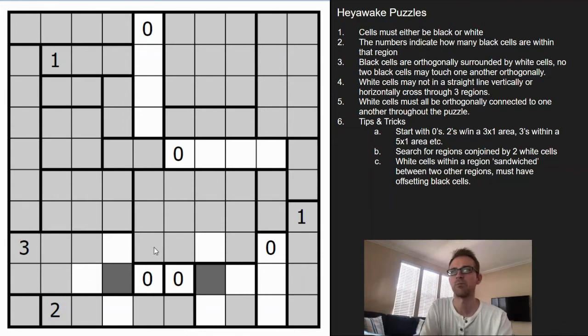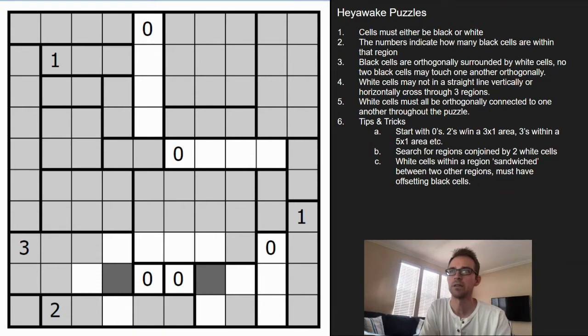It creates a problem such that in the top here, or the bottom, you can't have two white cells, because otherwise you're going to have a problem where both of these are then going to have to be black cells, and that's not possible. You can't make them white, and you can't make them both black. So what's going to happen is one of these is going to have to be a white cell, and one of these is going to have to be a black cell, and then the opposite is true down here. Basically, whichever domino formation you have, you know that's going to be the opposite down here, like that.